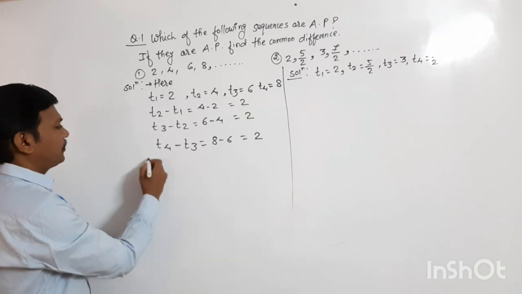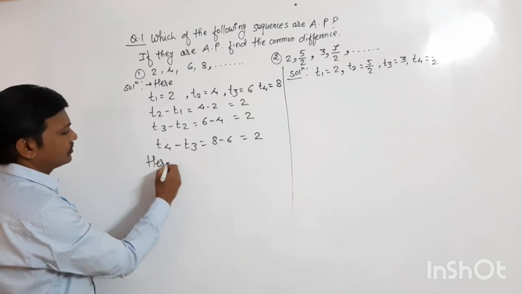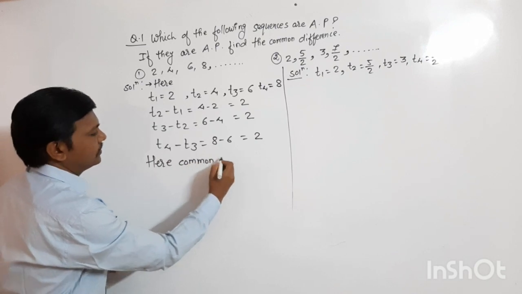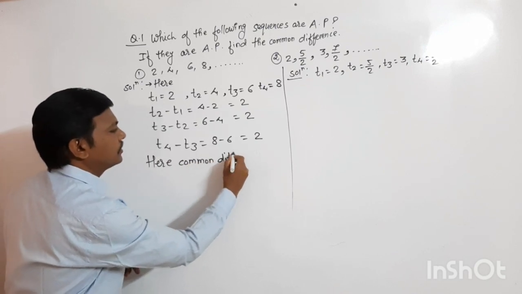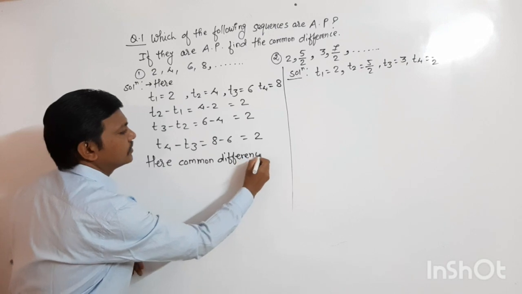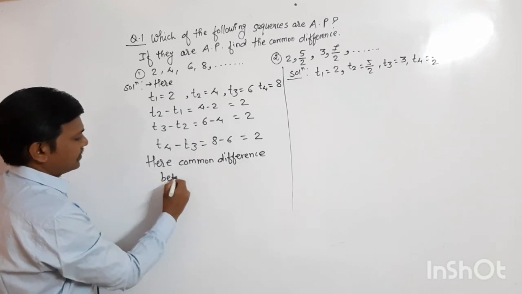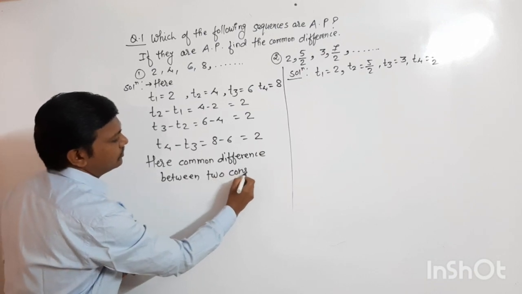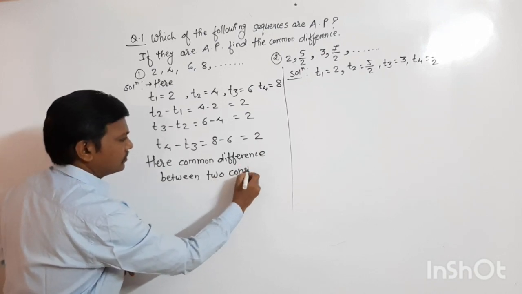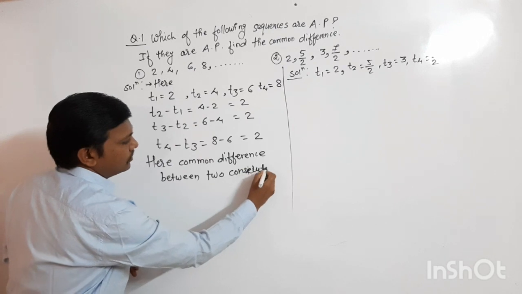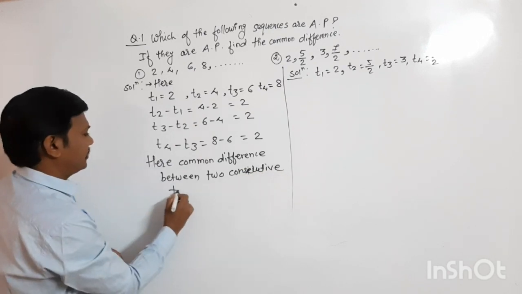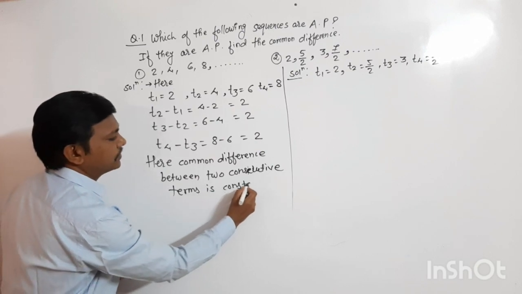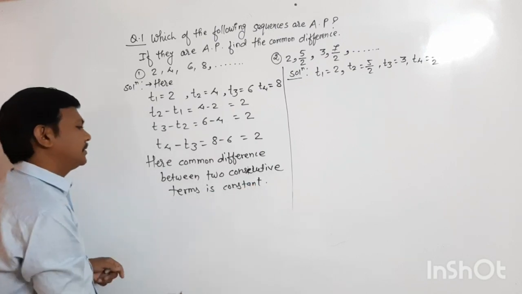So we write: the common difference between two consecutive terms is constant.